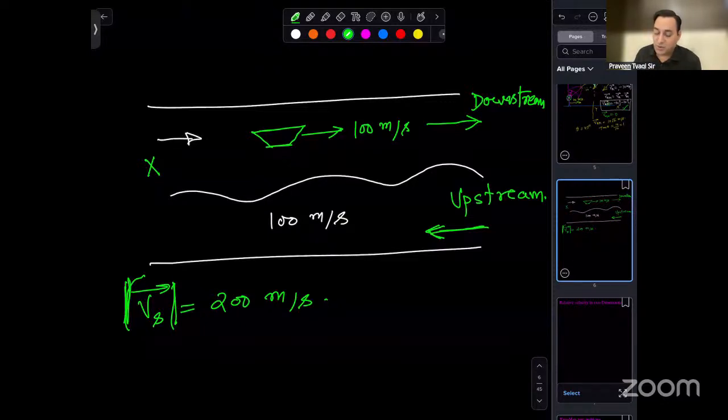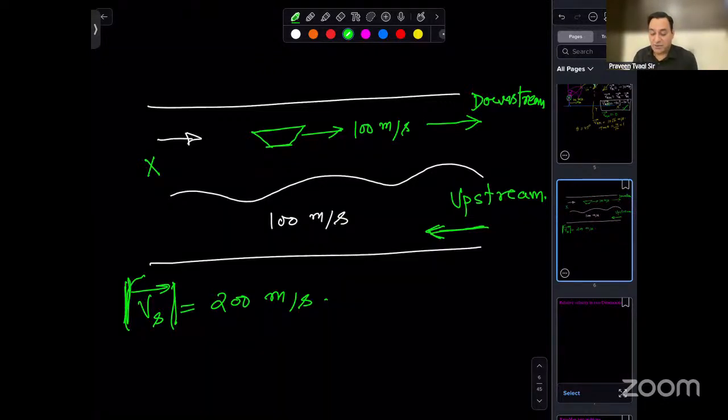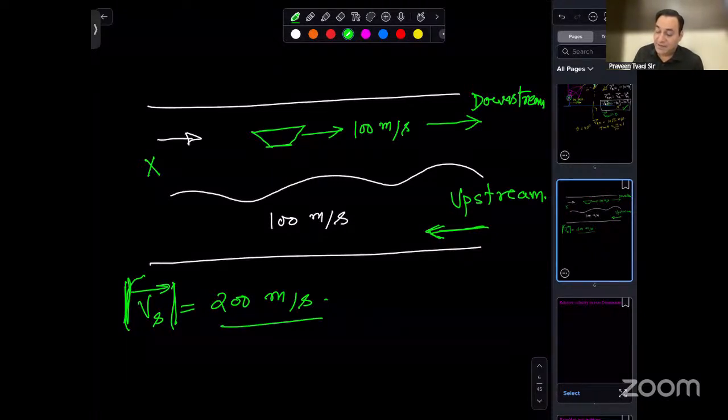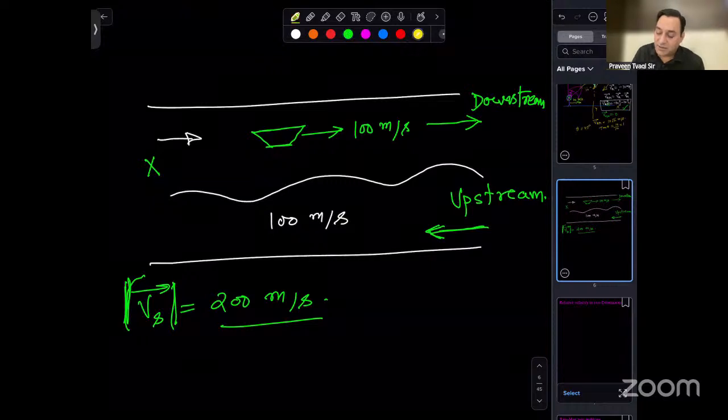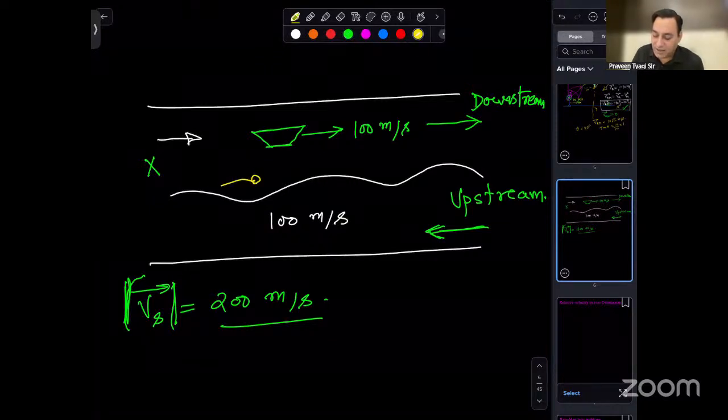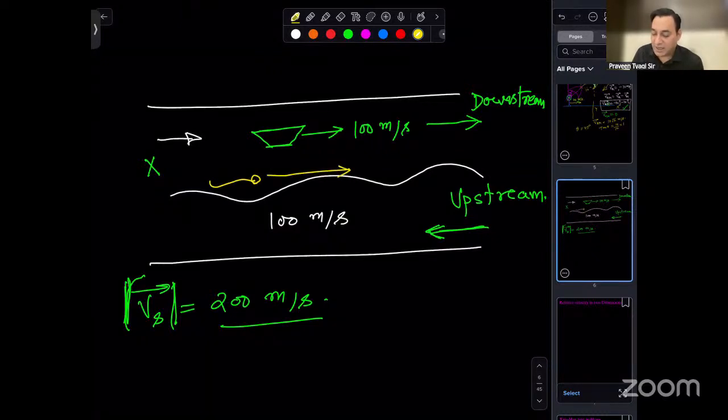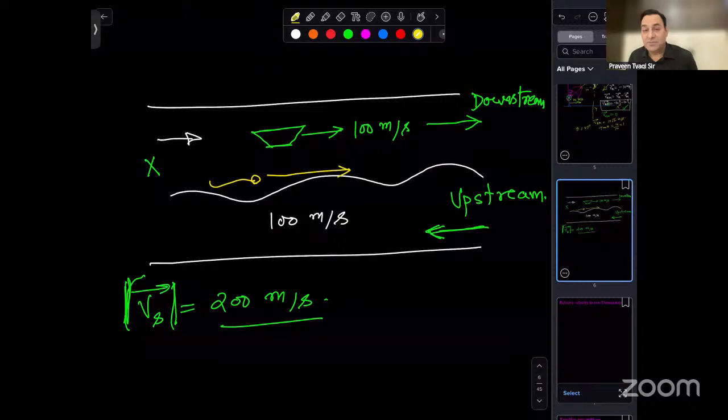So now suppose the same man who could swim in still water with this velocity, speed, with this magnitude, he enters this river and he tries to swim, suppose this man tries to swim downstream, what can be the maximum speed?